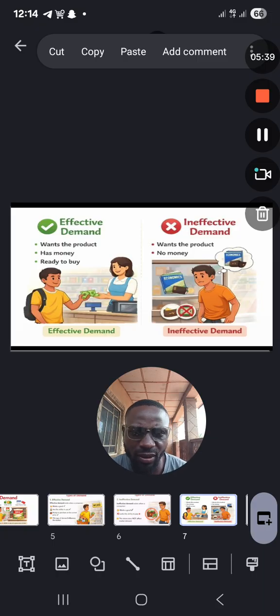An effective demand fulfills the four key terms of demand: ability to pay, willingness to buy, at a given price, and at a particular time. But an ineffective demand is merely a want or desire that is not backed up with money or the ability to pay. So that is the difference between an effective and ineffective demand, right?